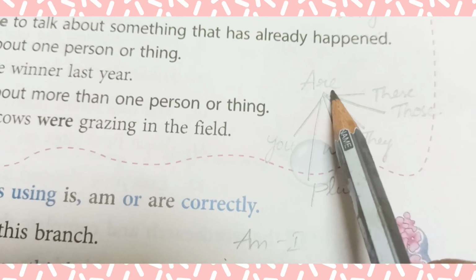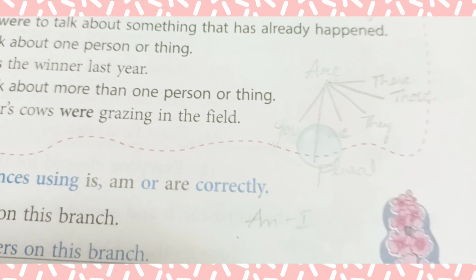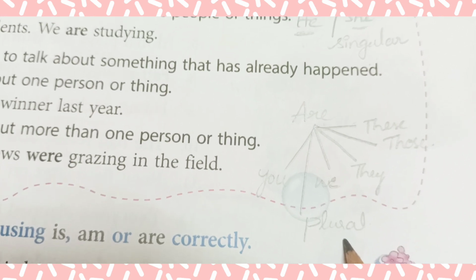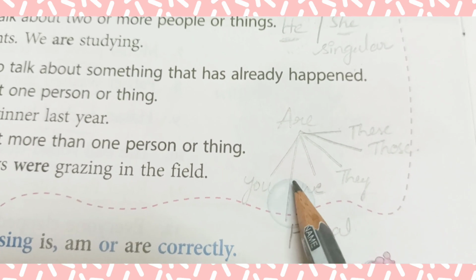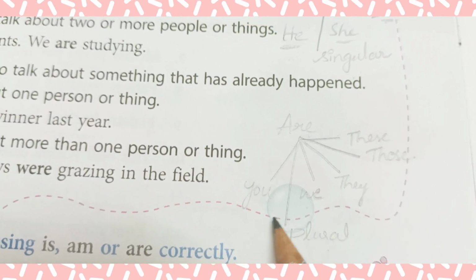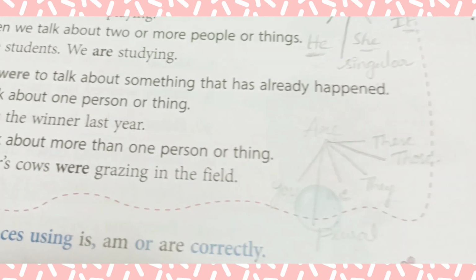This is used when the subject is plural, that means we are talking about more than one. There we have to use you, we, they. We are talking about more than one noun.